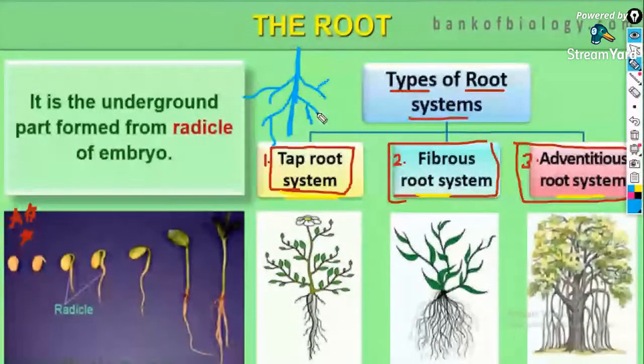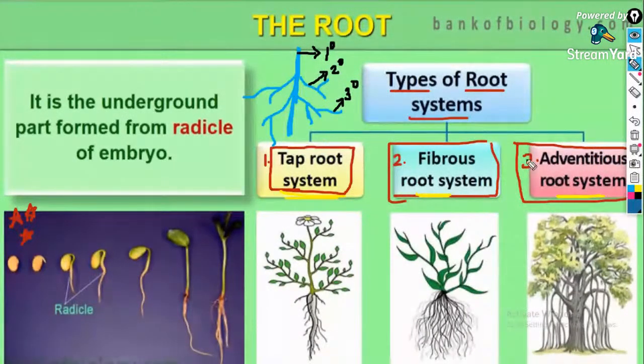The thick root is called the primary root. We have to discuss in detail. This arising portion, you will call it a secondary root. The outgrowths from the secondary root, you will call a tertiary root. Perfect.